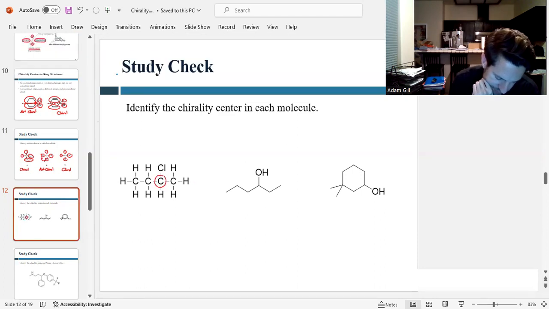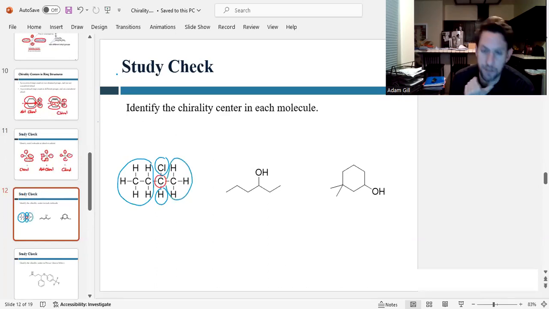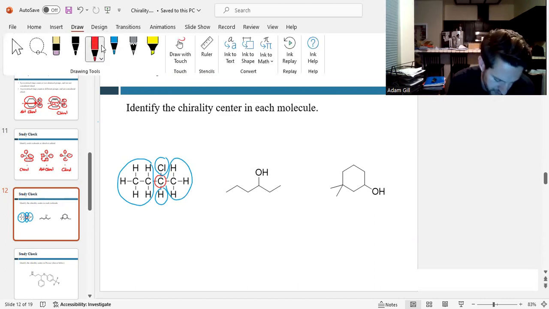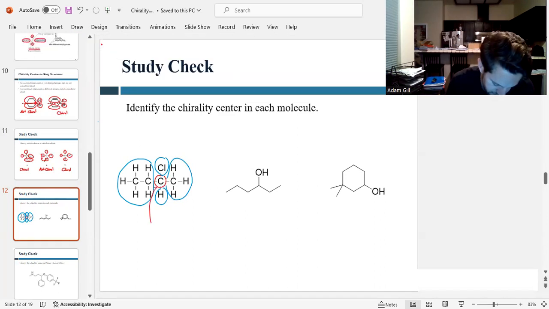Because if we look at the 4 different groups, it's got an ethyl group attached, a chlorine, a hydrogen, and a methyl group. And so those 4 groups are different, which means that this right here is the chiral center.